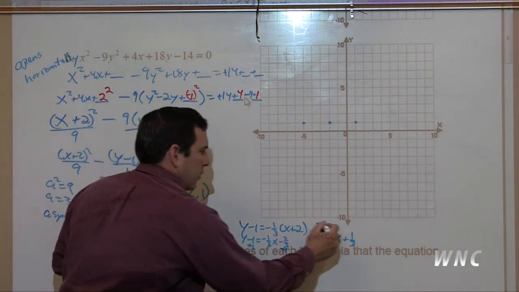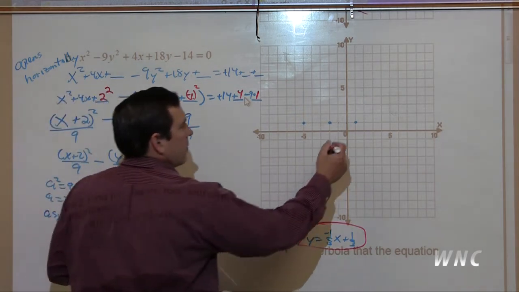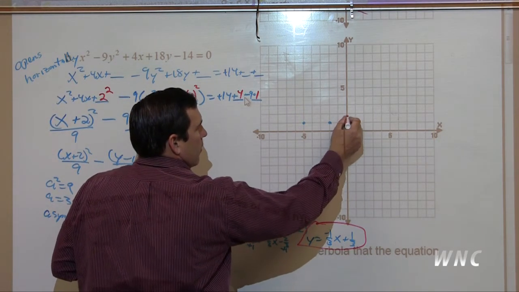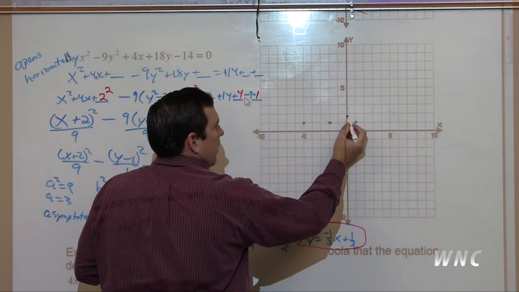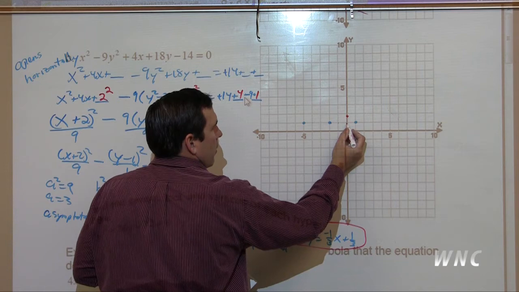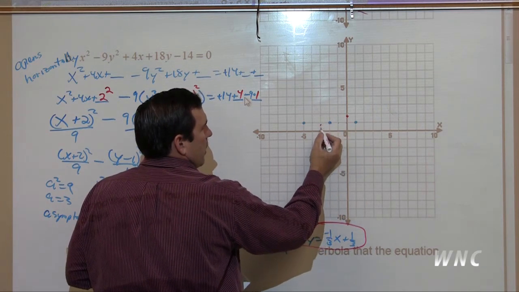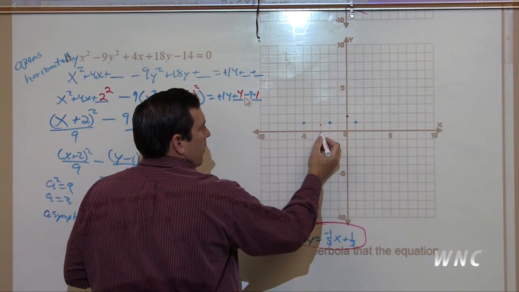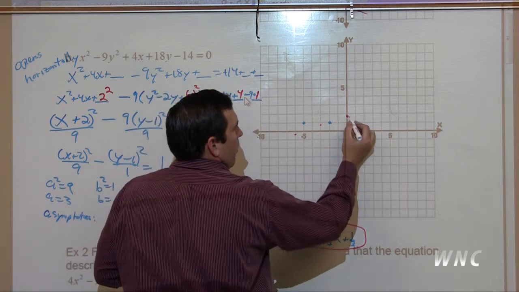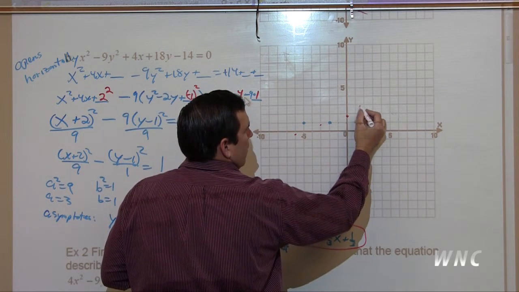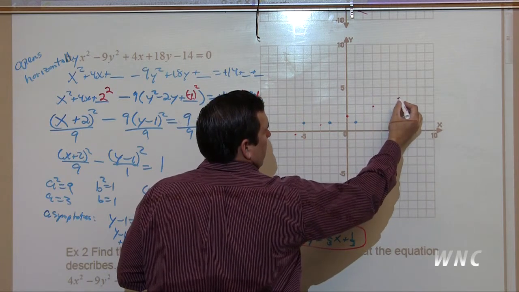So let me circle that one. 5/3 is the intercept. Slope is 1/3. So we're going to go down 1, back 3, 1, 2, 3, down 1, back 3, or up 1 to the right 3.